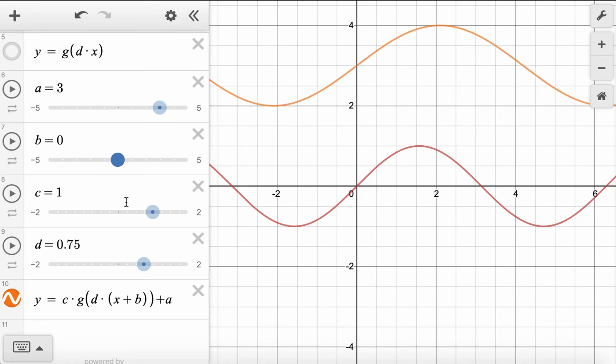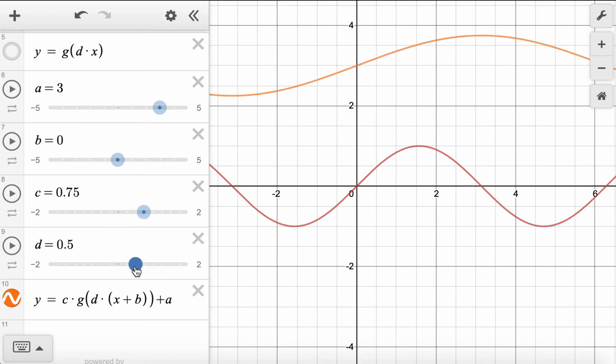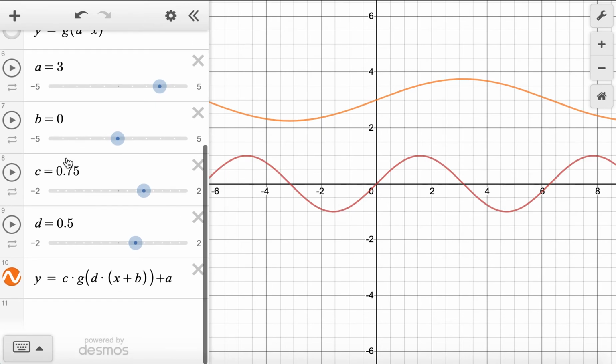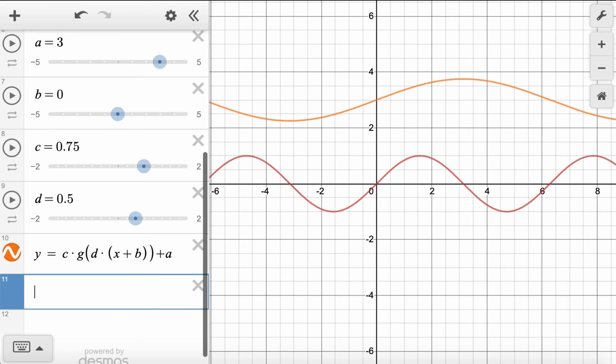But let's at least set b equal to 0. For example, this sine wave has a midline of 3, an amplitude of 3/4, and a period of 4 pi. If we wanted to write this equation out, we could.